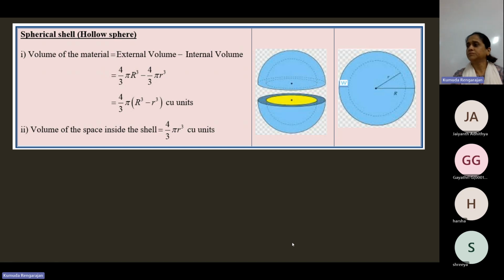Done, Surya? Diagonal. Shiv Shankar, right?